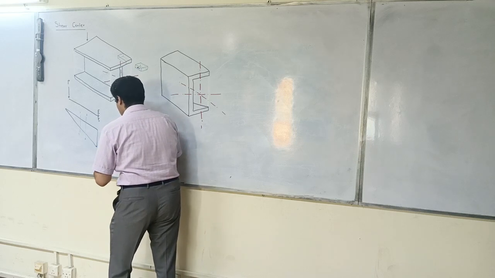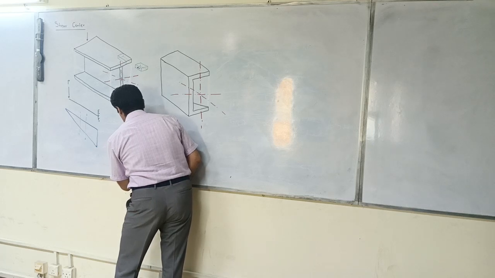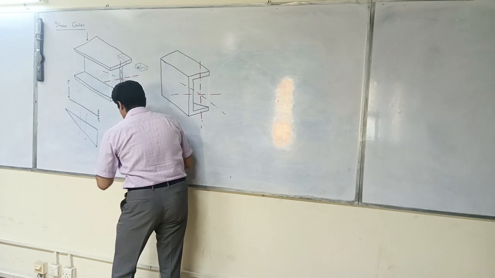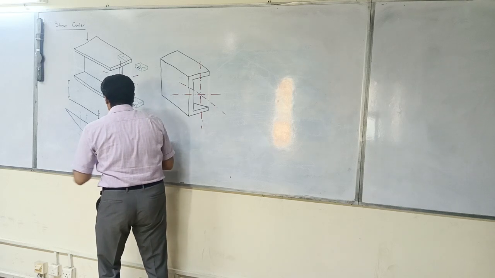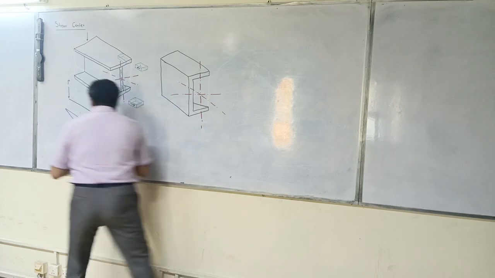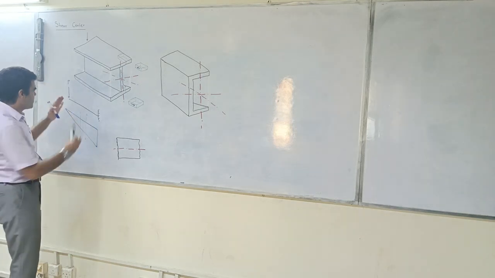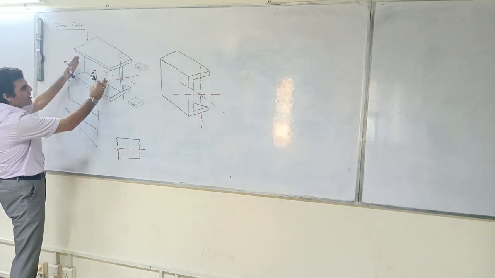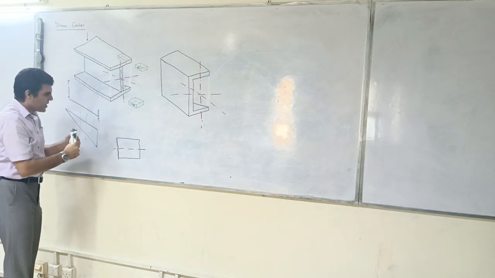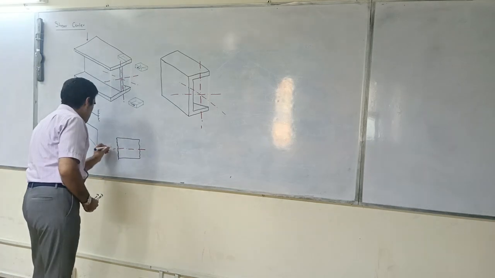So imagine we take a section out of this beam. This is the 3D image of this small section.